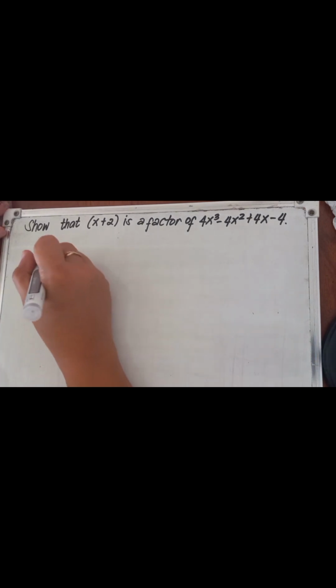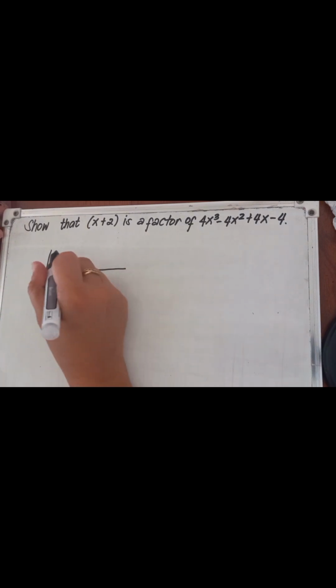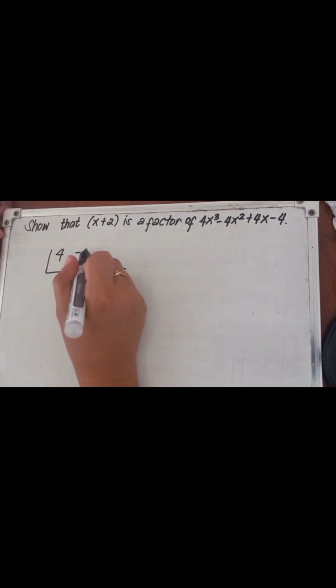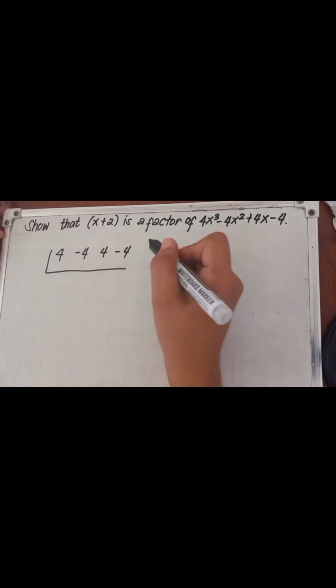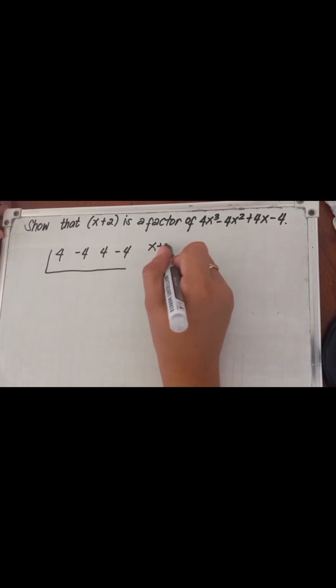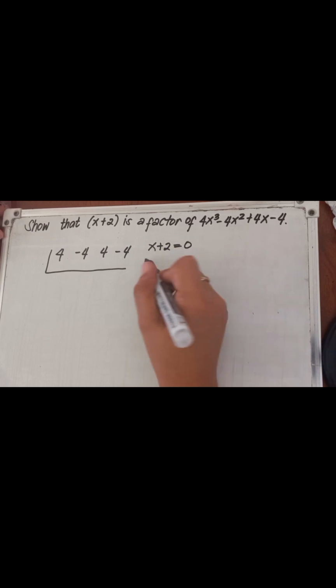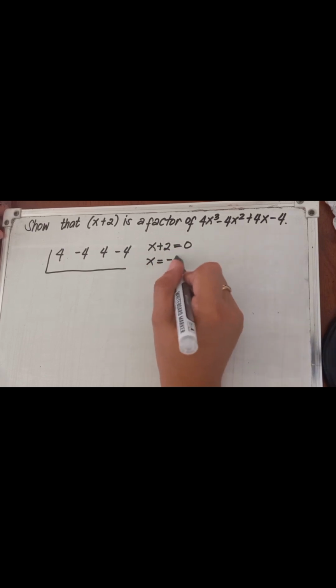So for synthetic division, again, write the coefficients. So we have 4, negative 4, 4, and negative 4. For our divisor, we will equate x plus 2 equals to 0. So the value of x is negative 2.